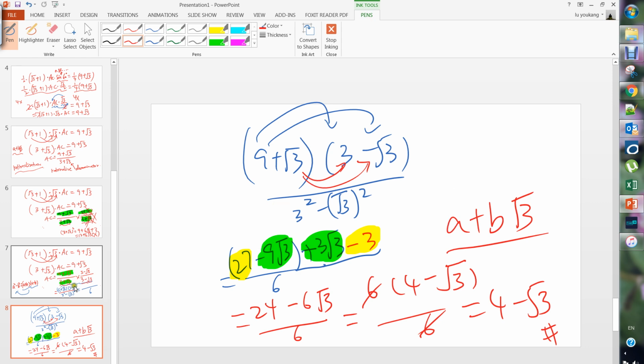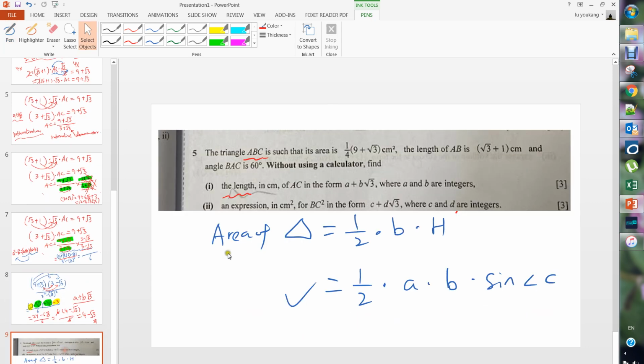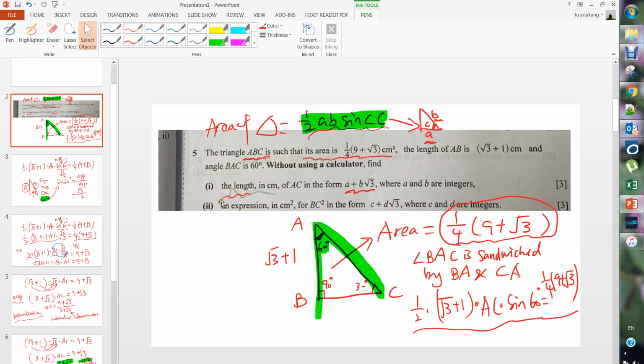So next. The next question is an expression in cm square. So for this, they want BC square, right? They want BC square. So let's go back to this question.